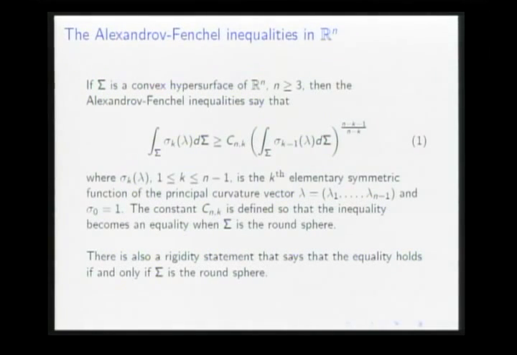And then the inequality says that the integral of the kth curvature is greater than or equal to a power of the integral of the (k minus 1)th curvature. And you get this constant when you plug in the sphere, so the sphere gives you the best constant.